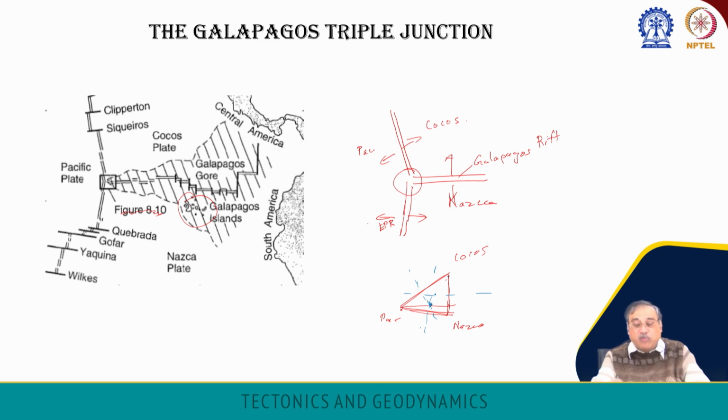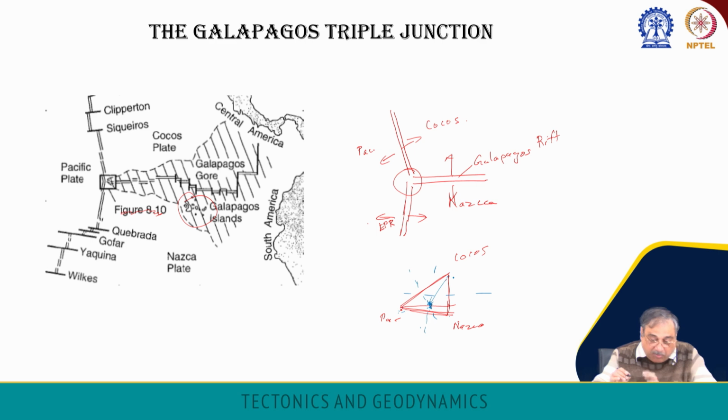However, it will also be moving in different directions. So this triple junction, if it's located say here, would be moving southwestwards with respect to Cocos, east-northeast with respect to the Pacific plate, and west-northwest with respect to Nazca. So although the magnitudes of the relative velocities would be the same, nevertheless the actual directions in which the triple junction is moving with respect to the different plates would be different.